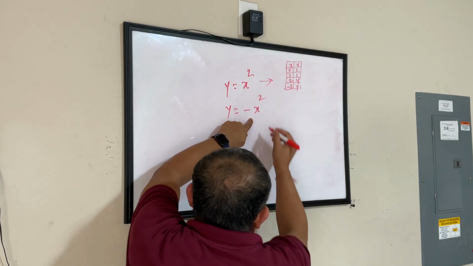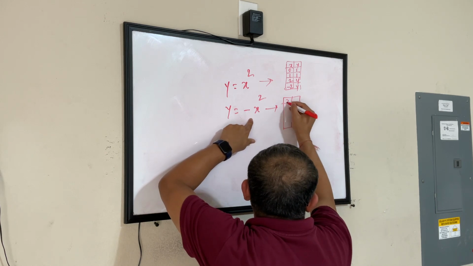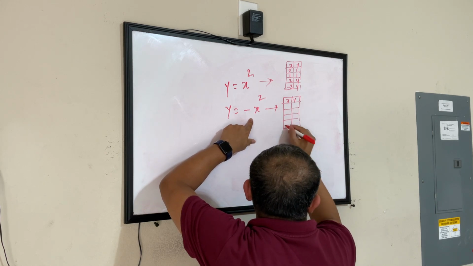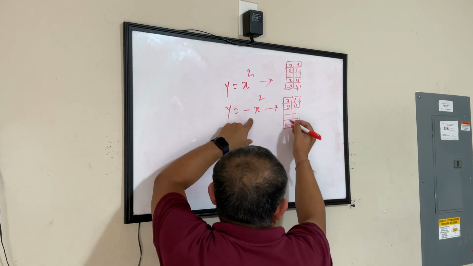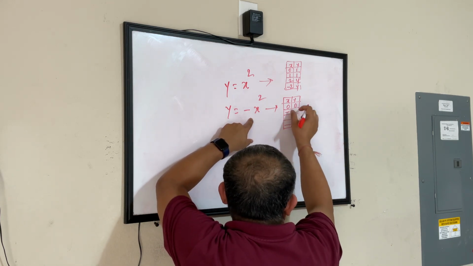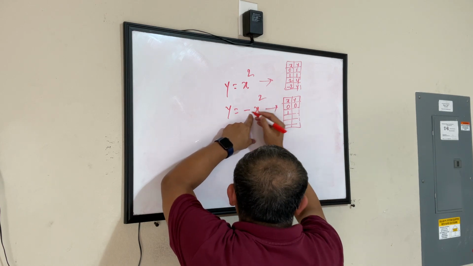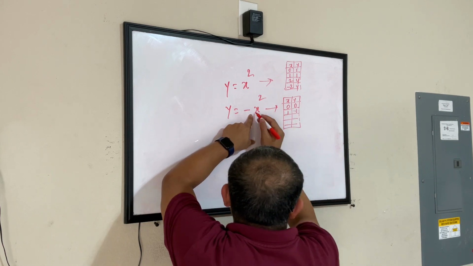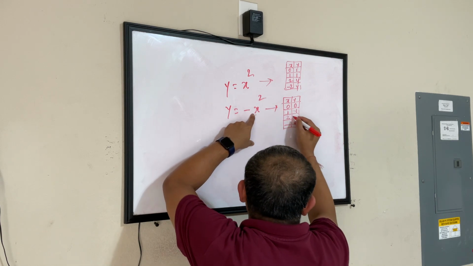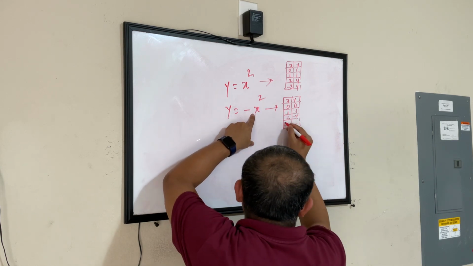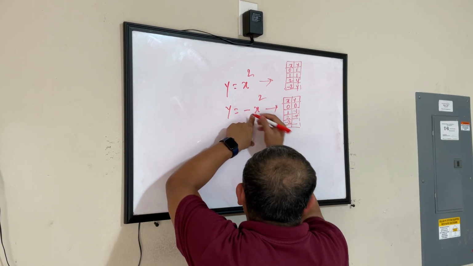Now look at the other one. What is the relation between x and y? X equal to 0 gives me minus 0, same as 0. X equal to 1 gives me minus 1. X equal to 2 gives me minus of 4. X equal to minus 2 gives me minus of 4.